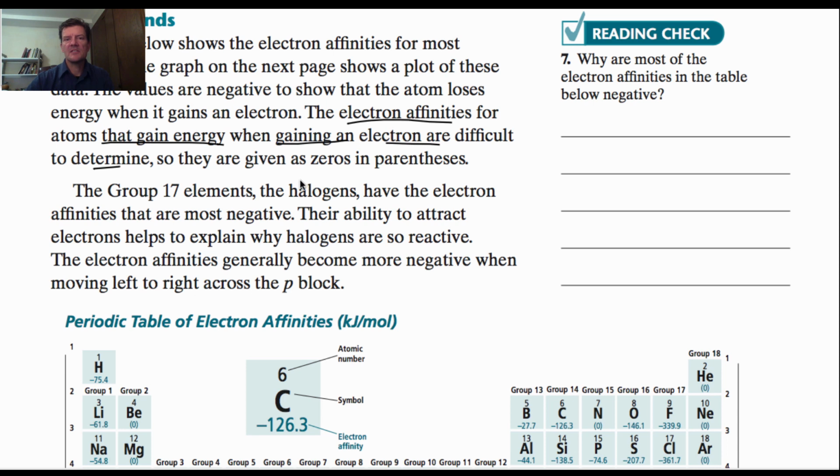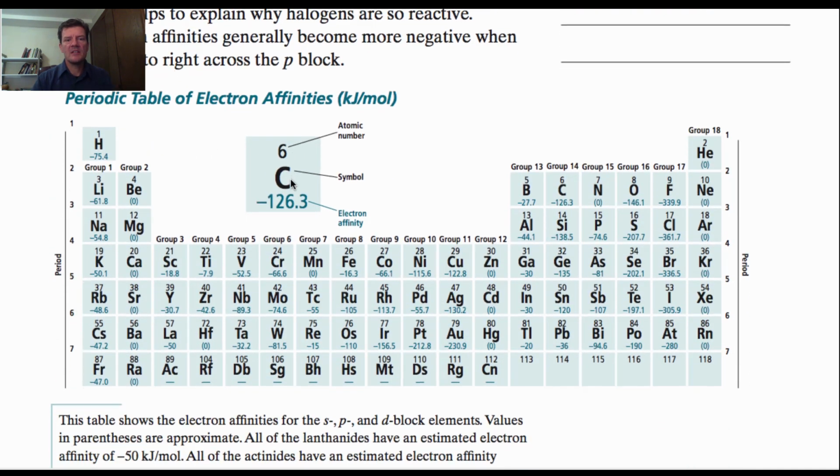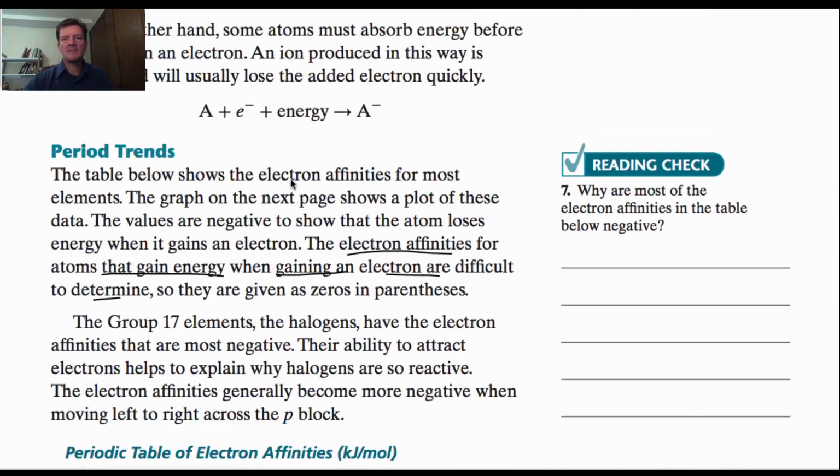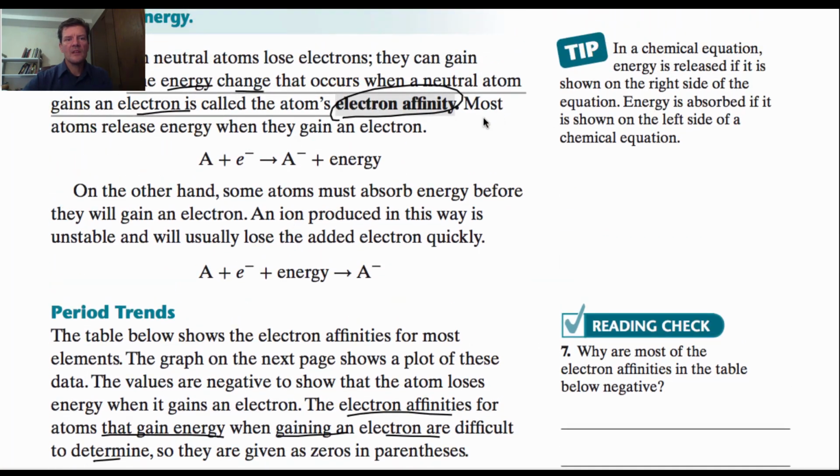So basically, if it loses a lot of energy when it comes into a new atom, it's going to give off, and that giving off, that's where we use a negative number for that. Okay. So here's the idea, though, is that you can imagine that if this atom here wants to really gain this electron, and then that electron is going to lose a lot of energy when it is joining that atom, okay?